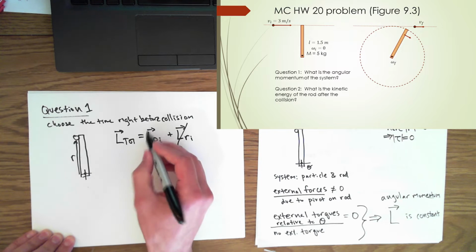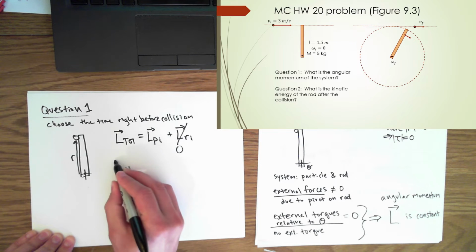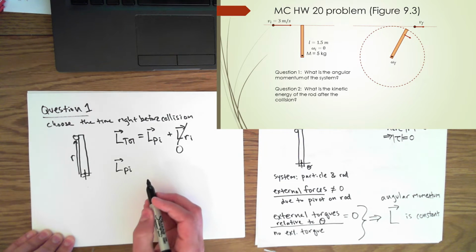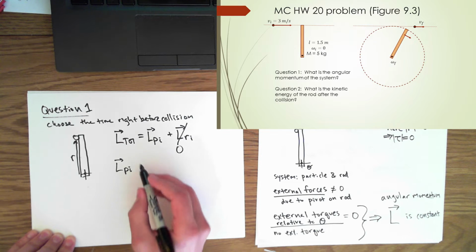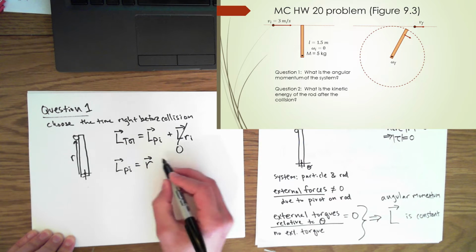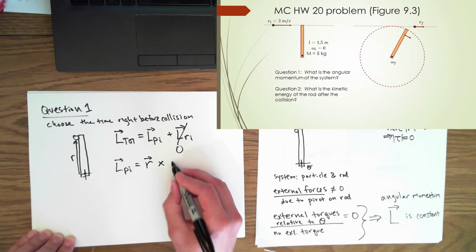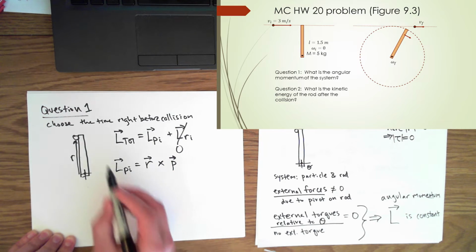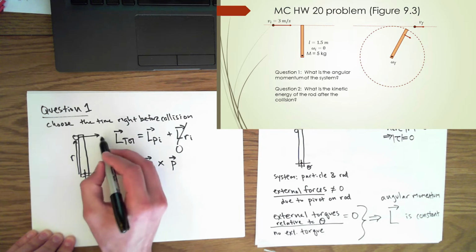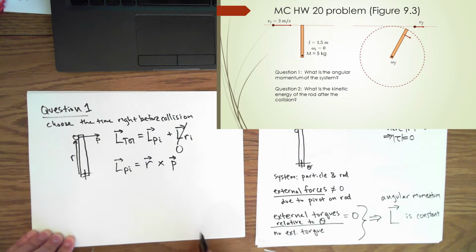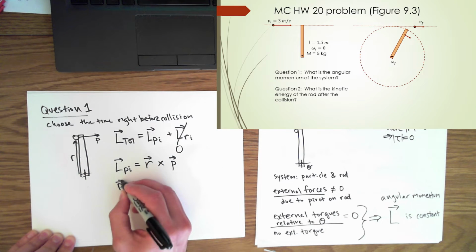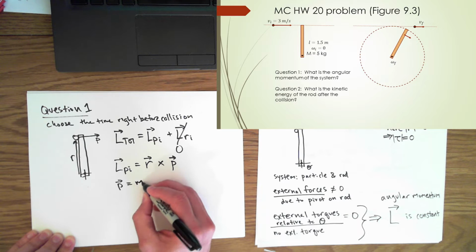To calculate the angular momentum of the particle right at that moment before the collision, we need to do this cross product, r cross p, where p is its linear momentum. Remember, it's moving this way. So p equals mv for this particle.